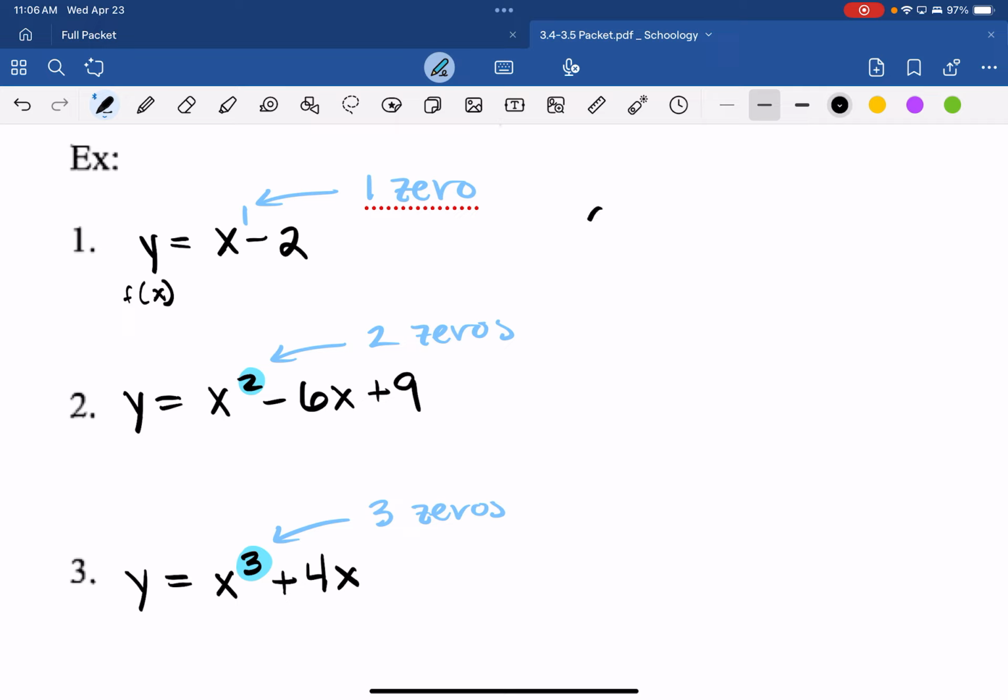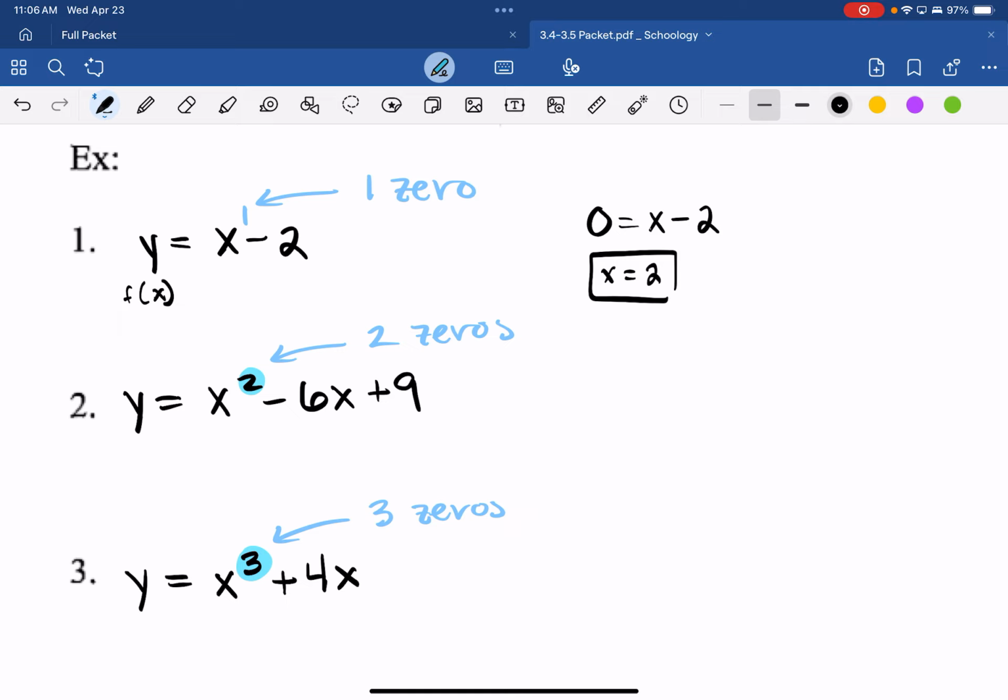I know this seems simple, but just to make sure we really understand what's happening, that's going to be a key for today. Not just knowing how to do it, but understanding what we're doing. We plug a 0 in. My x value here, or my zero, would be x equals 2. Only one answer would work for that.